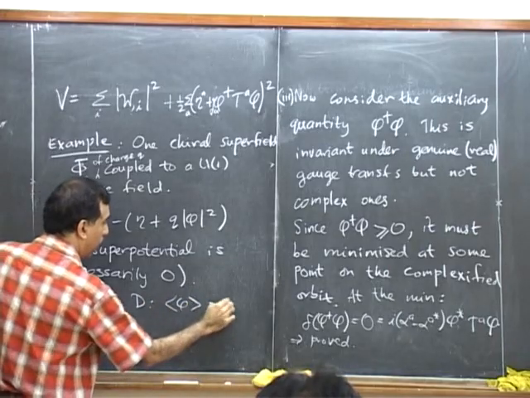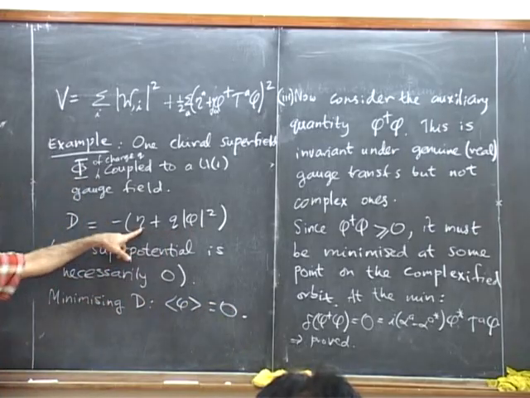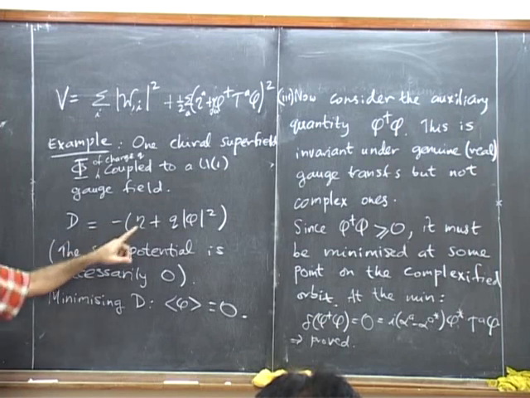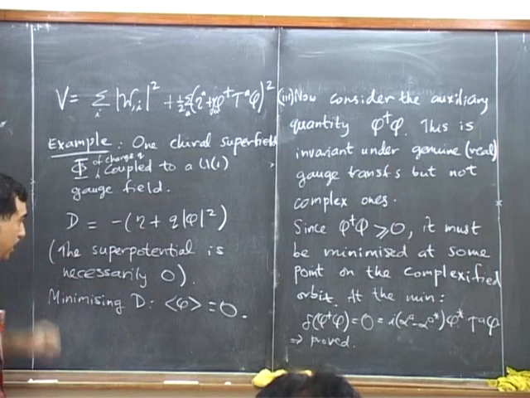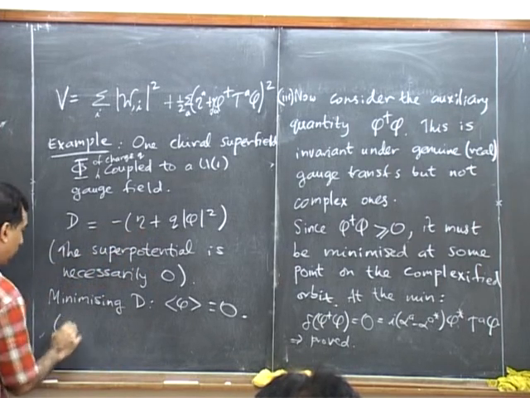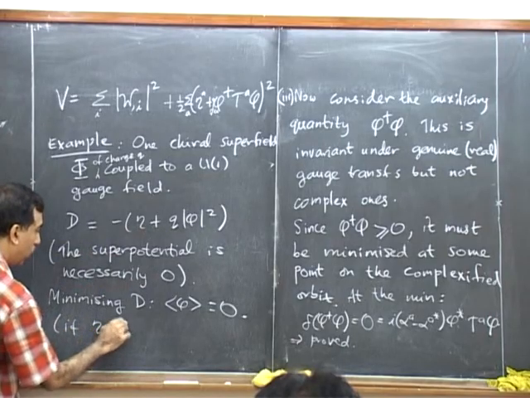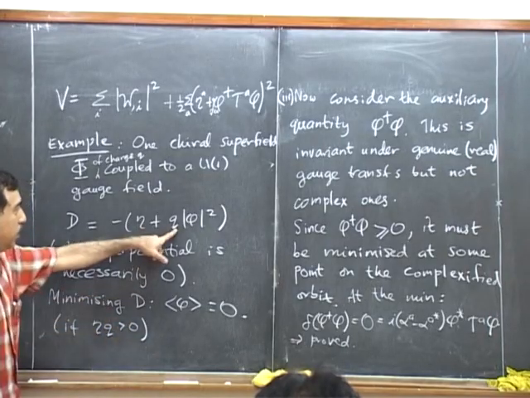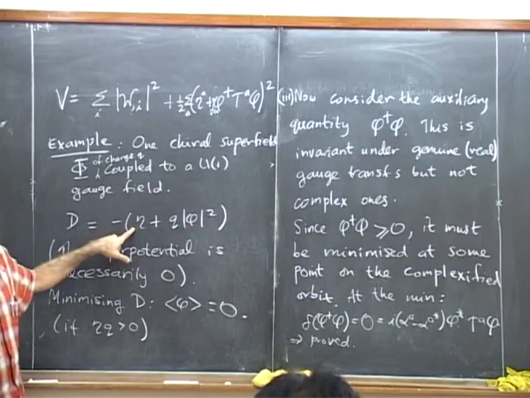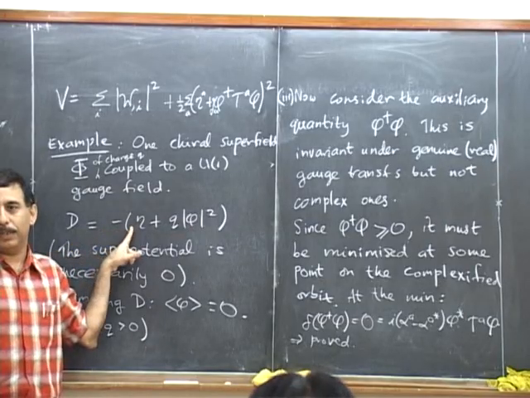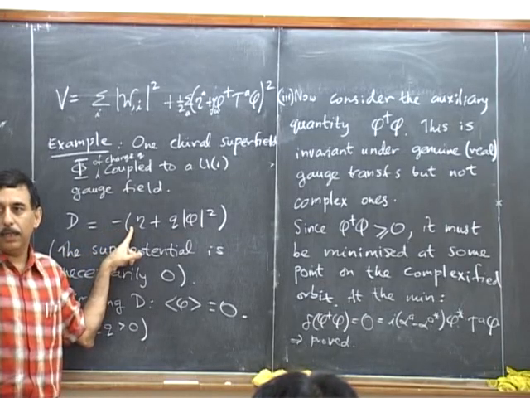You just choose phi to be 0, that's clearly the minimum, as long as, more precisely, eta times Q is positive. Note that Q is real, being the charge of phi, and eta is real, being the Fayet-Iliopoulos parameter. Both are necessarily real.